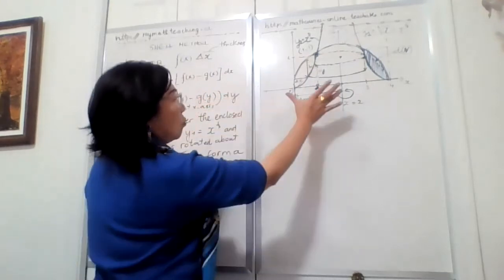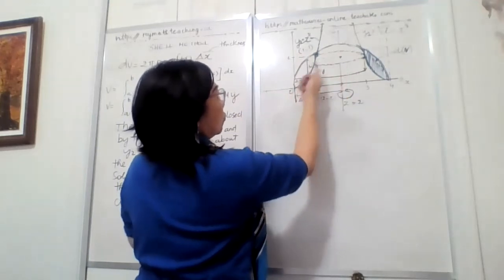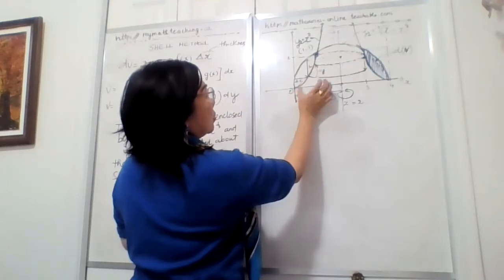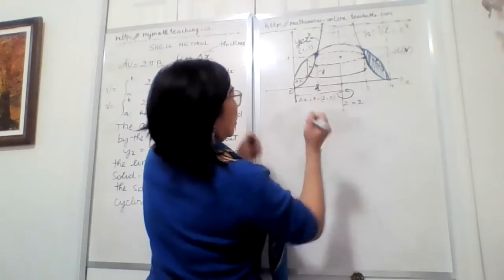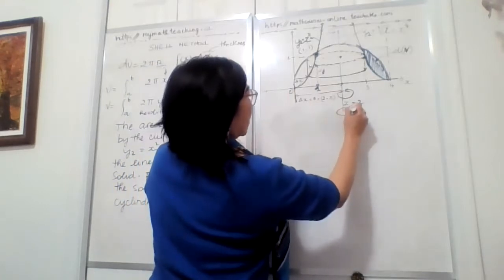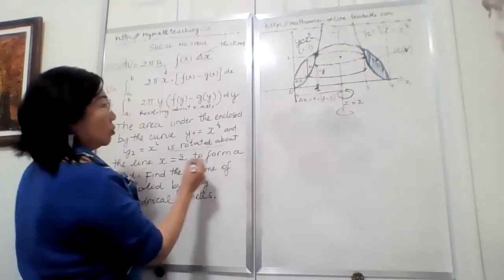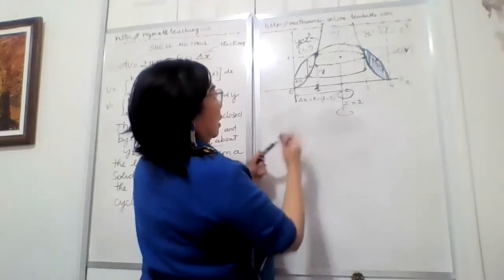And the way we generate, we're going to form the cylinder, revolving and generating this layer around x equals 2. That's the question they told us, the region is rotated about the line x equals 2. So this is the central line of rotation.